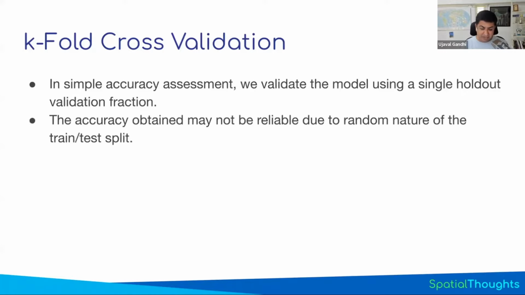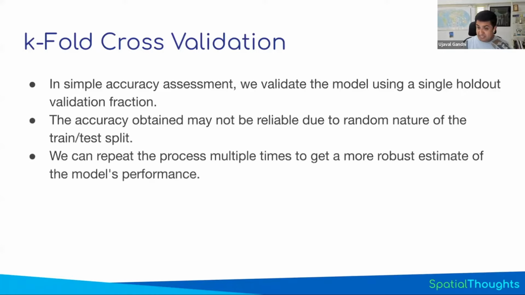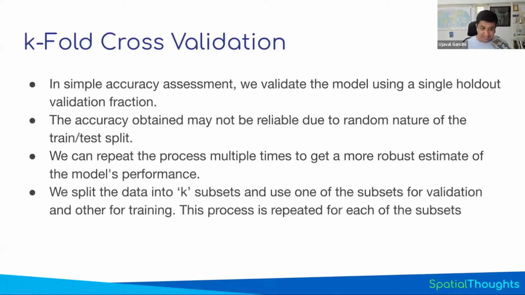So what you can do is you can say, I'll repeat this process multiple times with different training and validation sets for my data. So instead of just doing one time split of 60-40 or 70-30, I'll do this multiple times. And when I test it multiple times, I'll know whether the model is really good at training using different data subsets and predicting using a different subset.